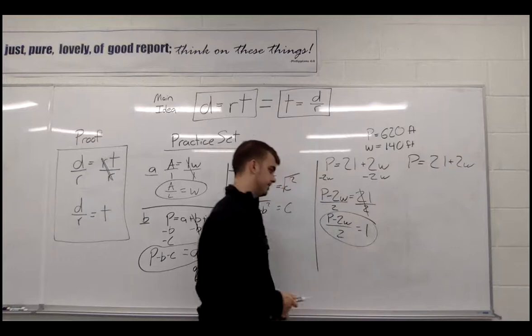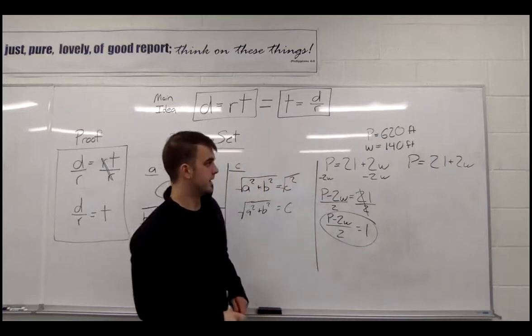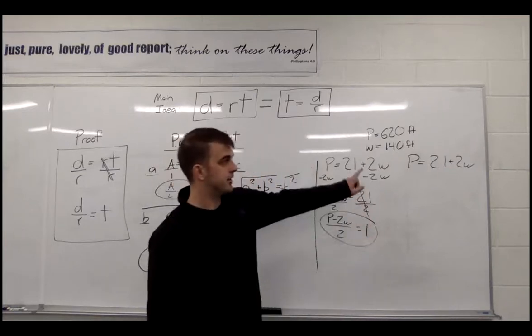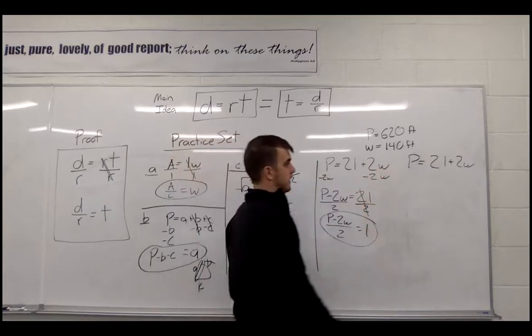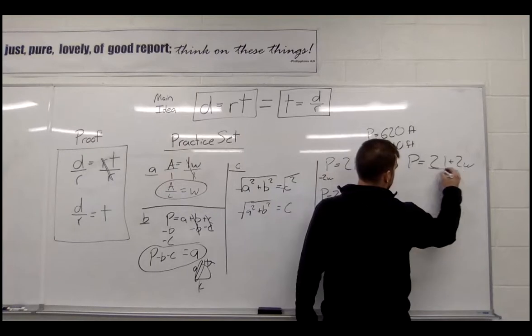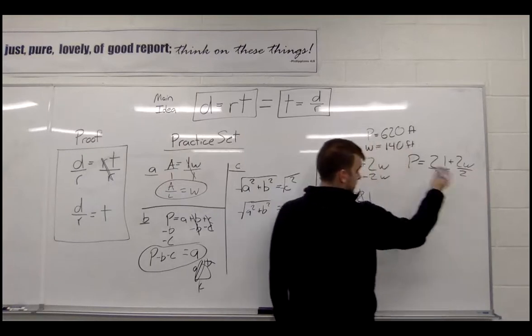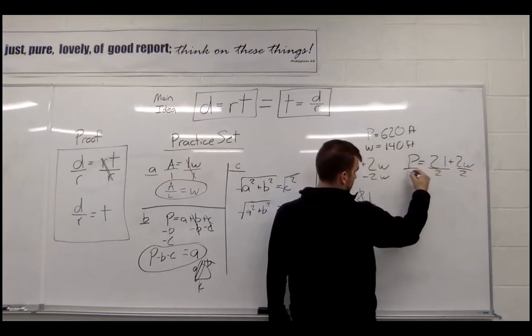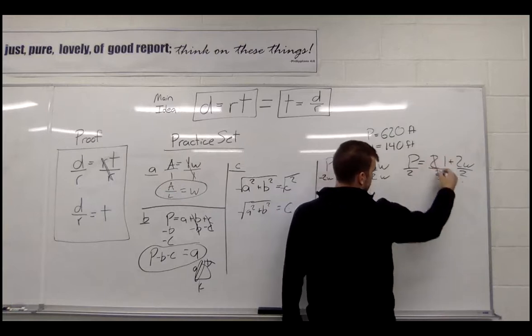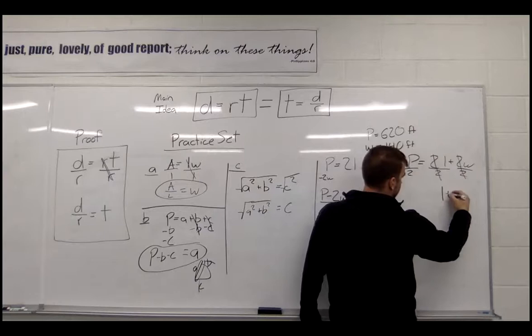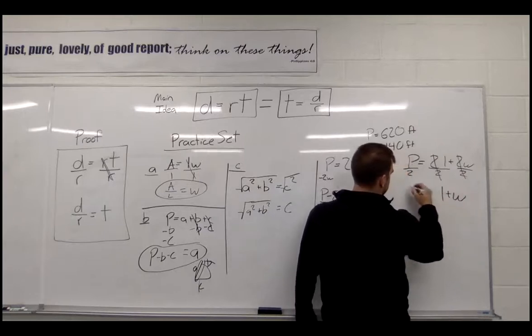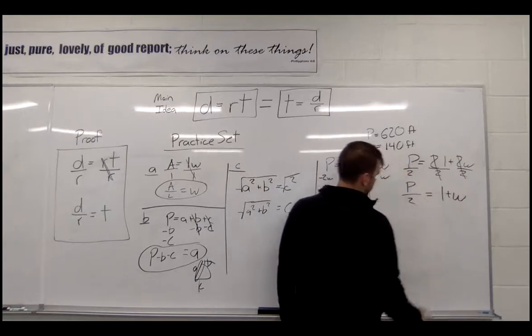That is one way. The other way is you see that both of these are multiplied by 2, so you can divide both of them by 2. So if you go like this, do this, perimeter divided by 2, that cancels out that and that. So what's left over here is L plus W is equal to the perimeter divided by 2.